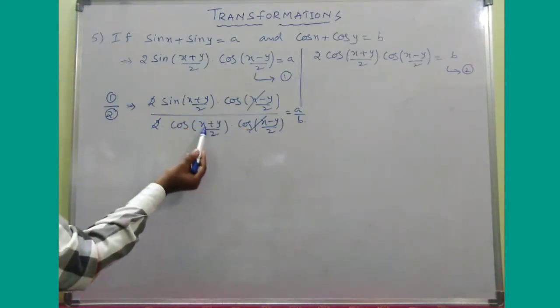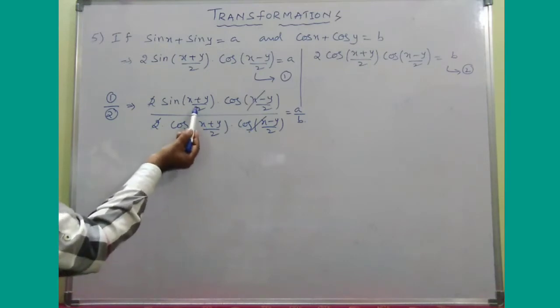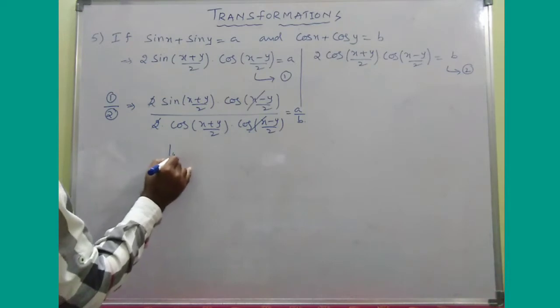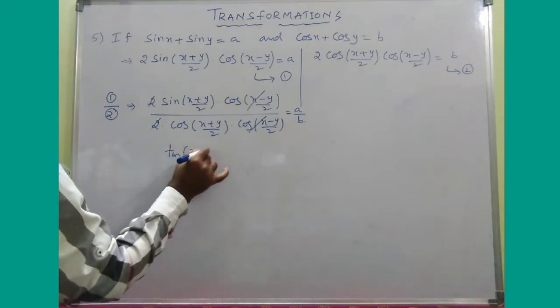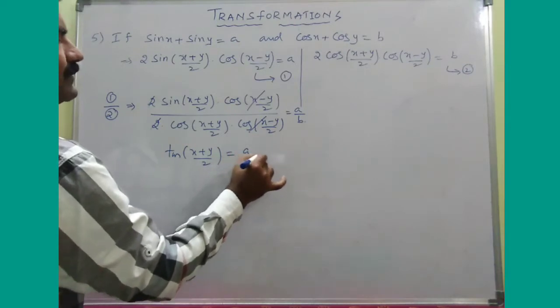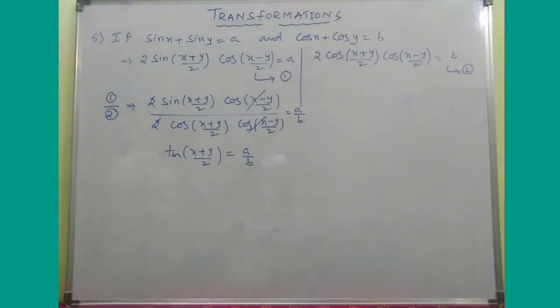See, the angle is the same, both are nothing but (x plus y) by 2. Then sine by cos, so tan of (x plus y) by 2 is equal to a by b. So once you know tan, we can also find out cot and then sine and then cos, etc. Isn't it?